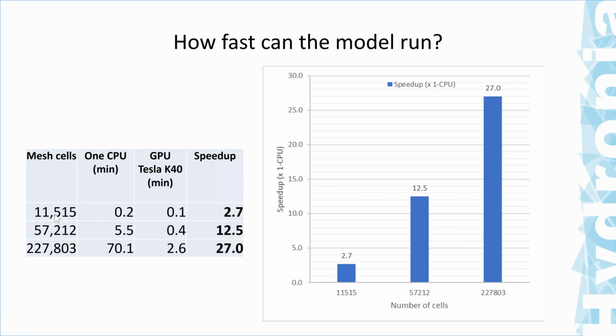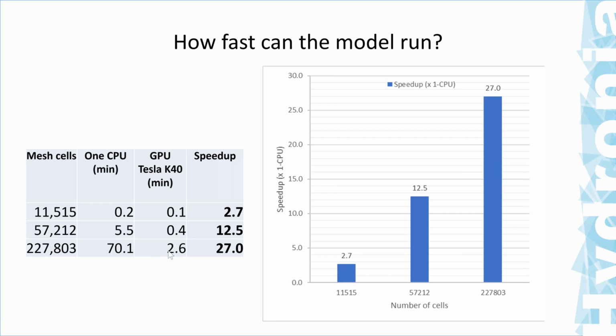We used 3 meshes, one with 11,515 cells, 50,000-something cells, and 227,803 cells. So in terms of CPU times in minutes, 0.2 minutes, which is very fast anyway, 5.5 minutes and 70 minutes. This is a much larger simulation if you use one CPU. But when we turn on the GPU component, then we get times in minutes that show a tremendous difference.